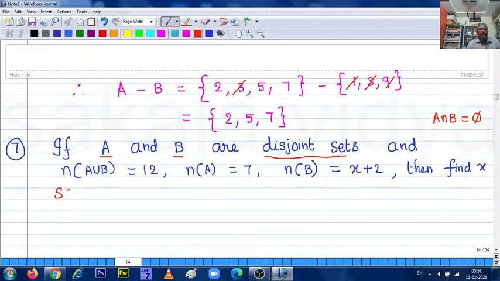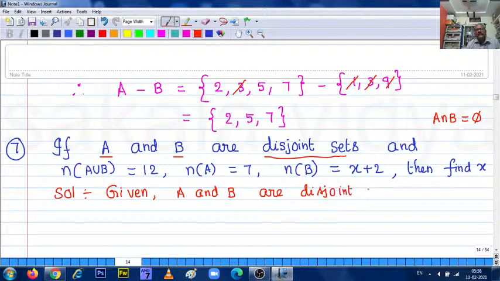So first, write down the given data. Given: A and B are disjoint sets. This is the first given data. And given n of A union B equals 12, n of A equals 7, n of B equals x plus 2.